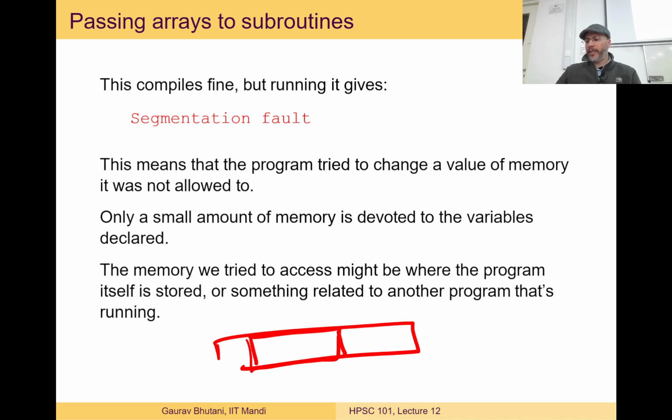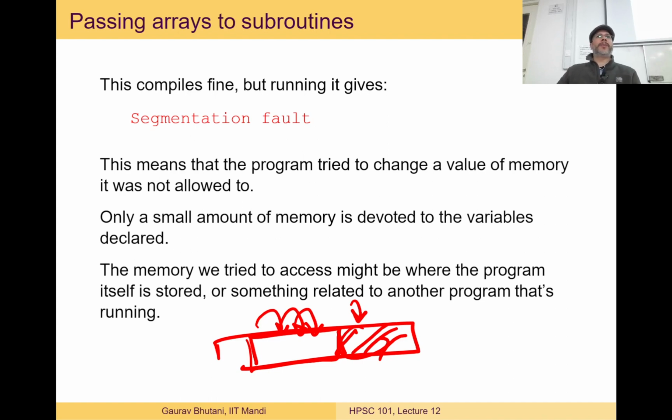Earlier we were trying to access a memory which we did not want to, but that was still booked for us. But now you're trying to access something beyond that. And beyond that, this memory could have been used by some other program. Many programs are running in the computer. You could be using PowerPoint, for example.